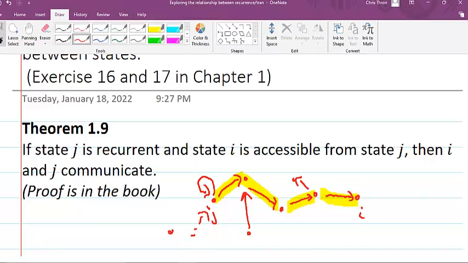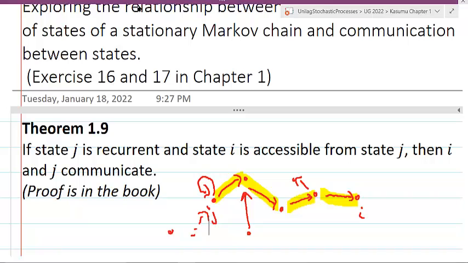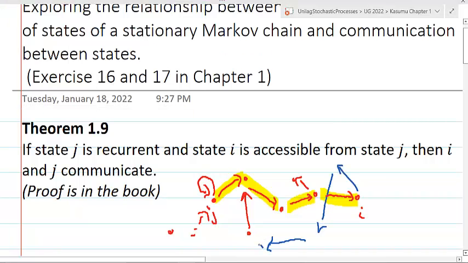Now what this is saying is that if I is accessible from J, then J must also be accessible from I. There must be some other path somewhere that goes from I back to J. And the idea is not so difficult to see, because if the state J is recurrent, that means it always comes back. So if it reaches I, it must somehow be able to come back to J. So it's logically very clear why that has to be. J goes to I, and at some point it has to return, so I must be able to go to J. But the formal proof is in the book.